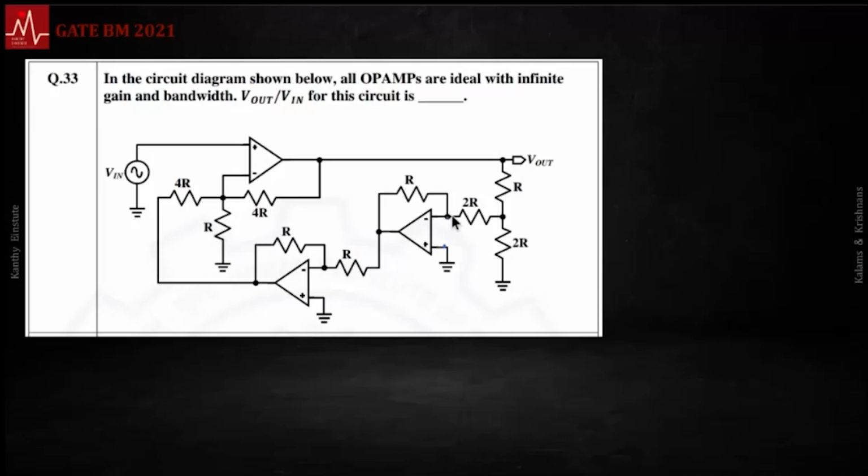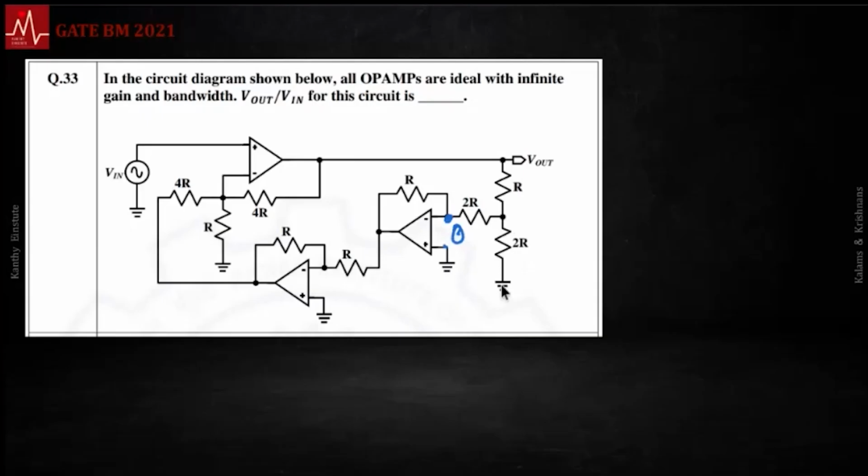First, I need to know the input here. The input that is coming to the inverting amplifier. I don't know what that is. Actually, that is zero because this is grounded. But I need to know the input here. What is the input to the inverting amplifier? Quickly notice, this is grounded, virtually shorted. This is zero.